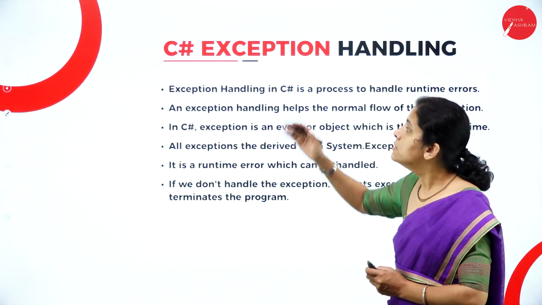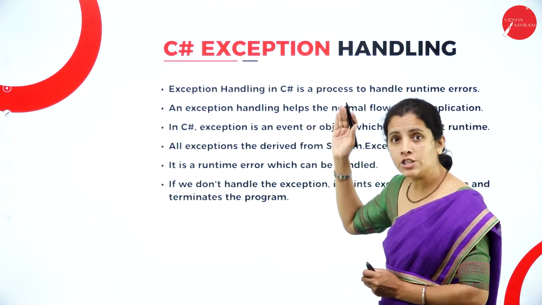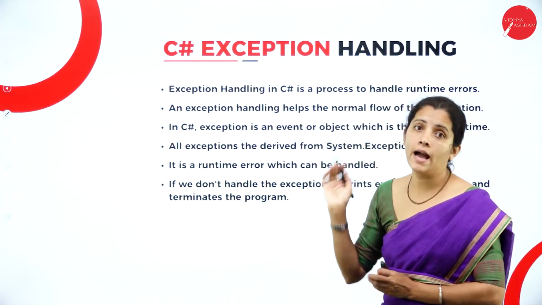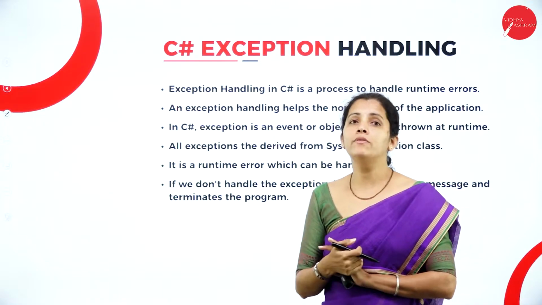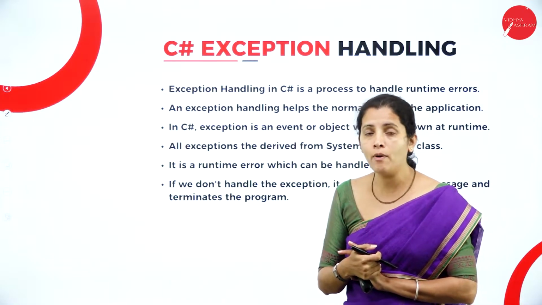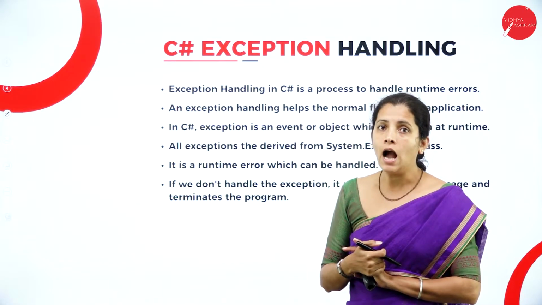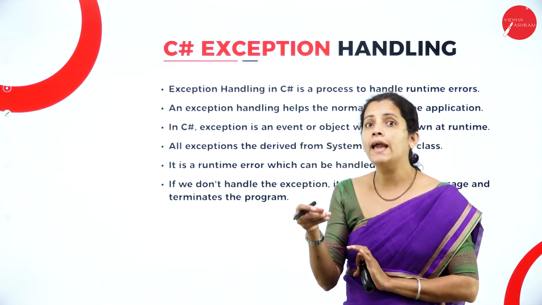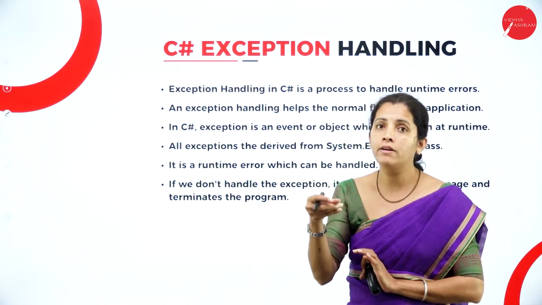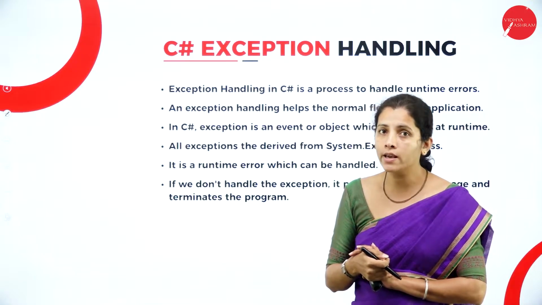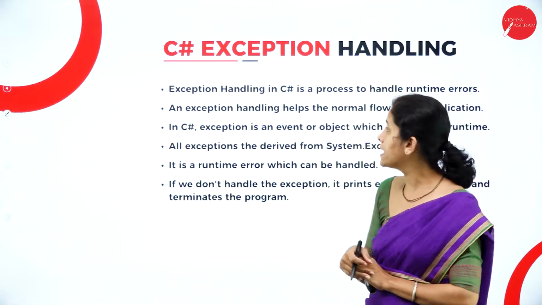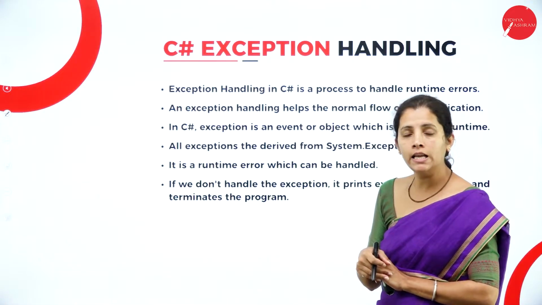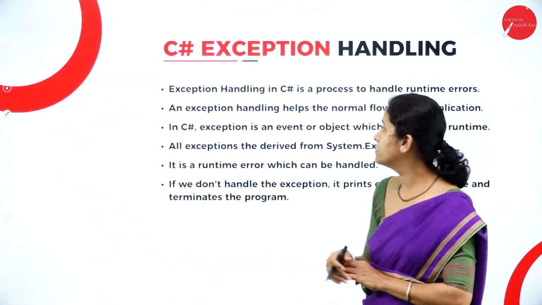Now, what is C# exception and why do I want C# exception? So dear student, till now we were discussing the types of errors, and to handle the errors properly in our programming language, we require some methods. For that, I'm going to use exception handling in C# programming.